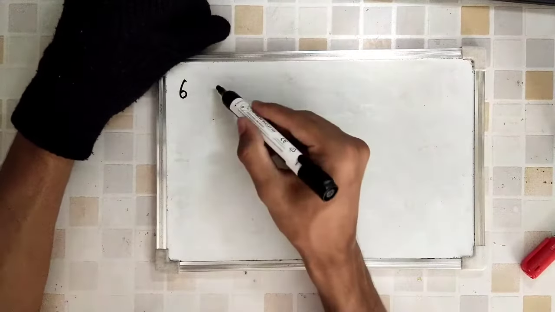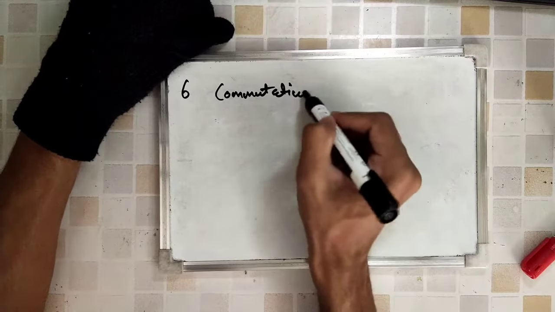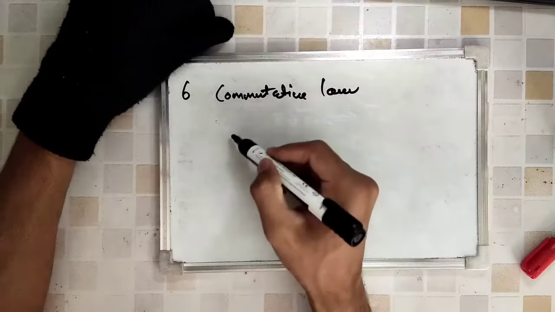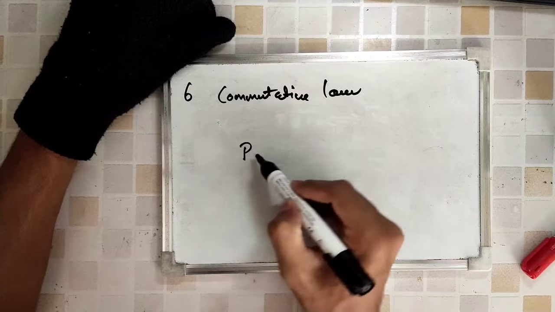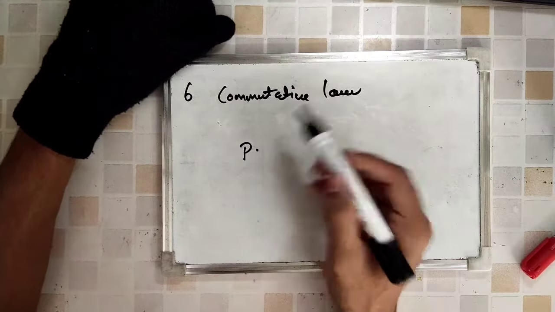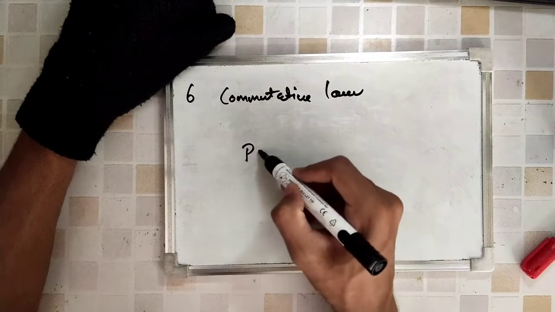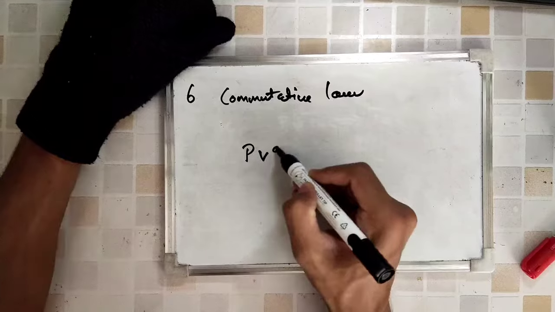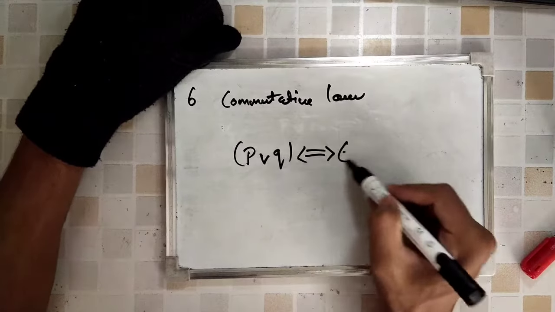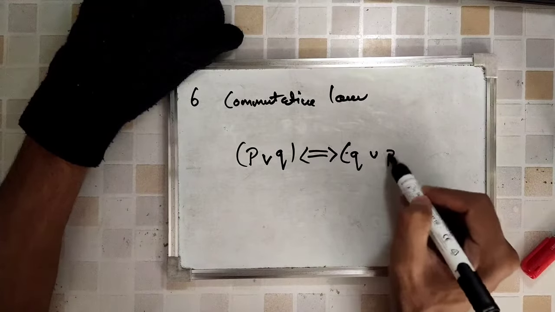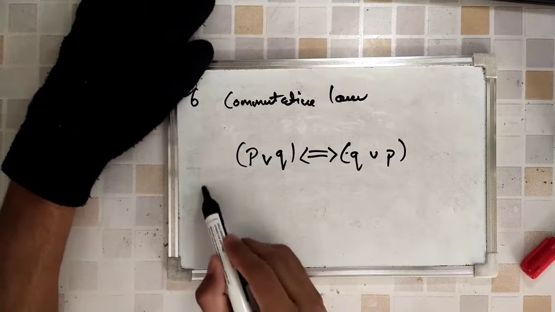Then the sixth one is commutative law. In this we have the same thing, but now we will start the usage of another proposition. P or Q is logically equivalent to Q or P. To prove this, we have to make a table also like this.